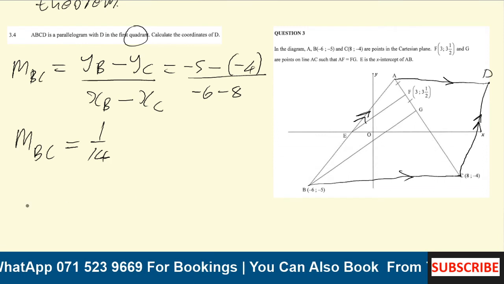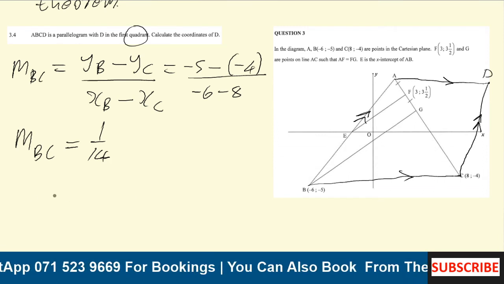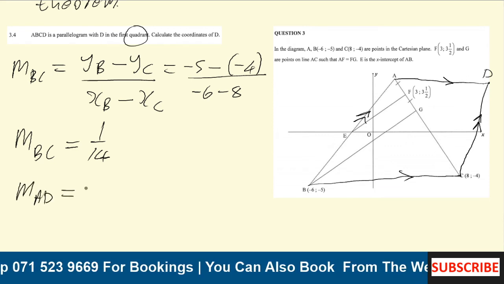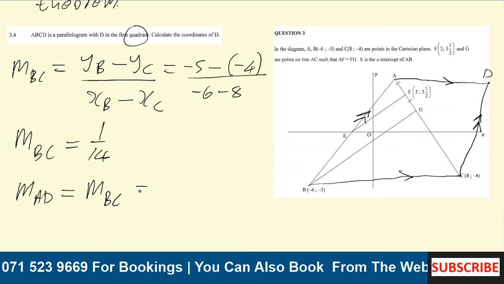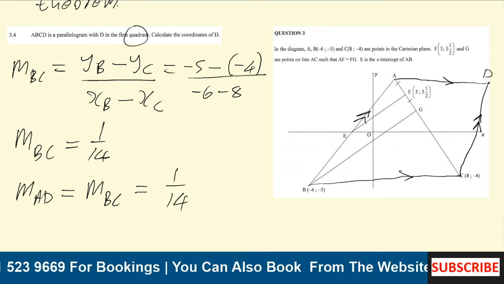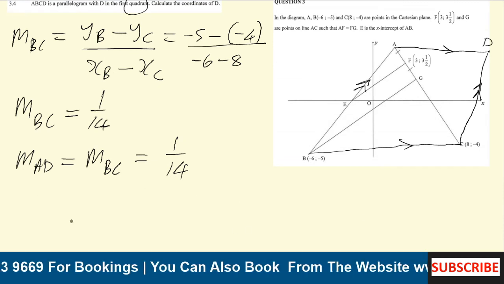Now let's go ahead and calculate the slope for line AD. But remember what I said, AD is parallel to BC, therefore they have equal slopes. So MAD is equal to MBC, which is 1/14. Now we're going to go ahead and calculate the equation of line AD.